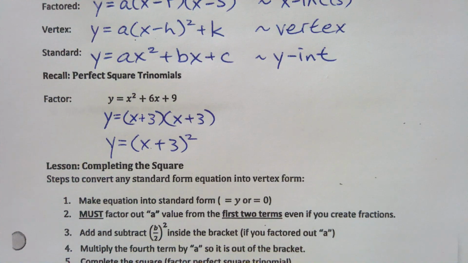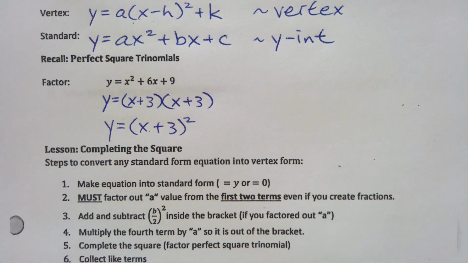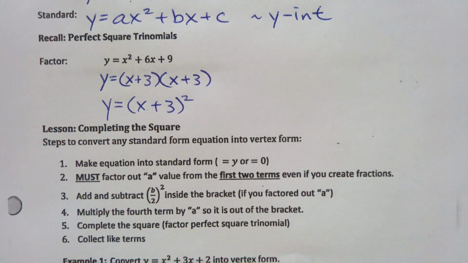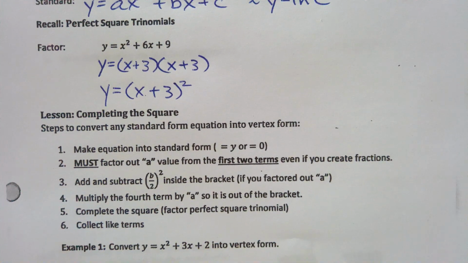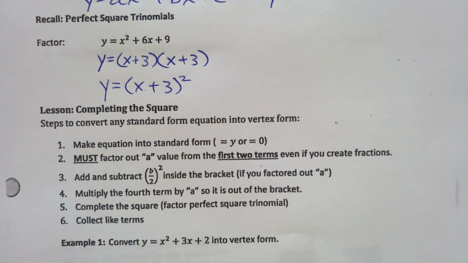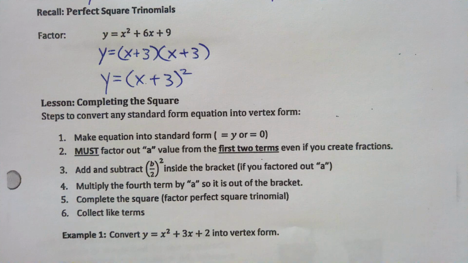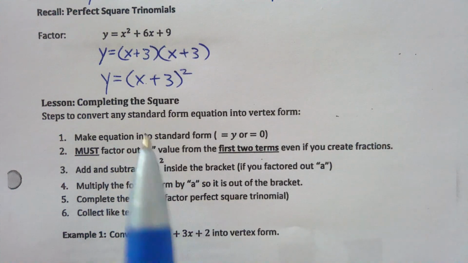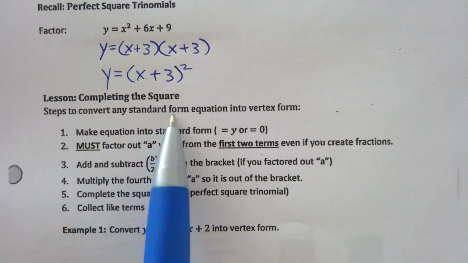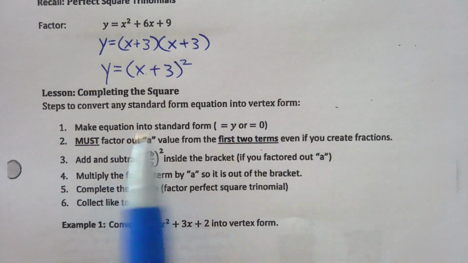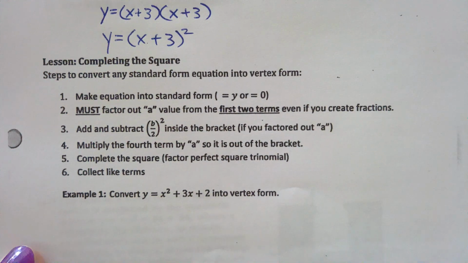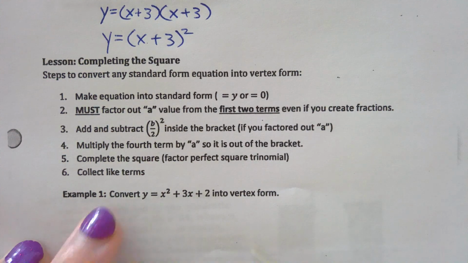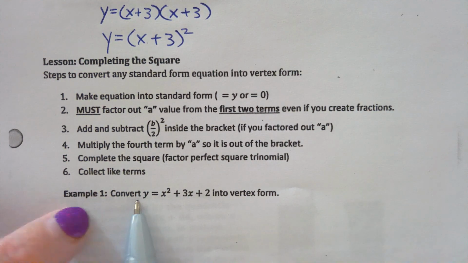So this is combining what we learned in the last two chapters with factoring and quadratics. Let's see how it ties in to these steps. To convert from standard form to vertex form, we have to follow these steps right here. Let's do this example together.